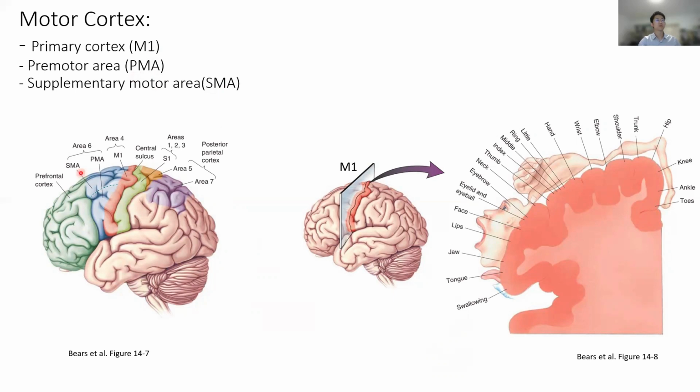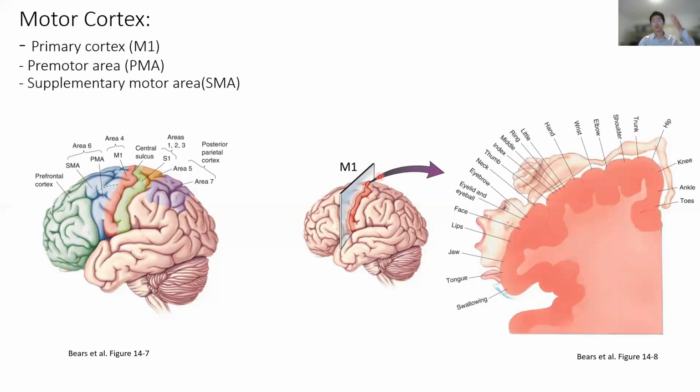Here we see where they are located. M1 is located just beside the central sulcus. Also here, S1 is the sensory cortex. This receives all the sensory information from the spinal cord, but we are not going into these structures. So let's start with M1.